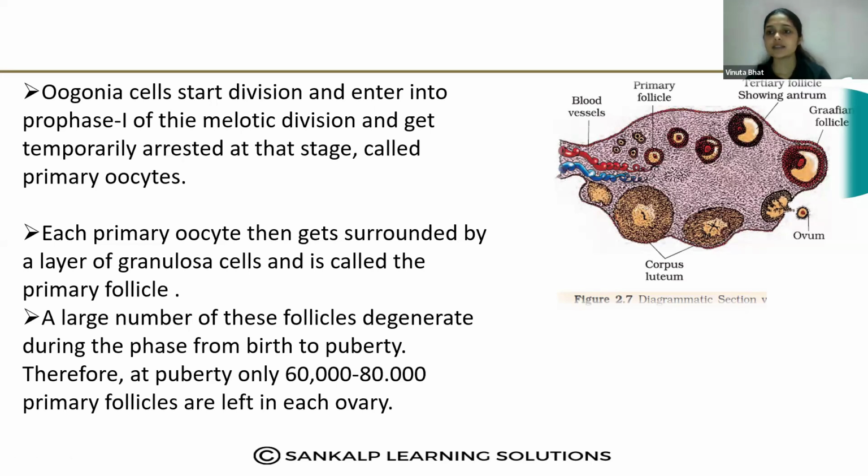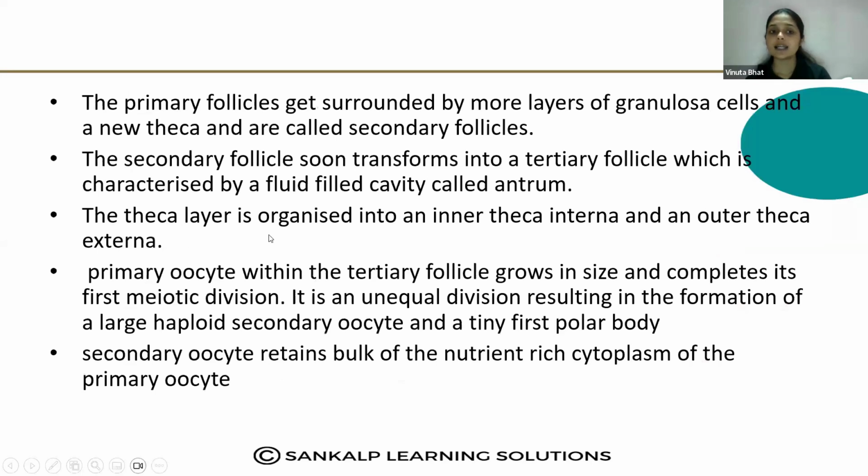You can see the characteristic cavity formation inside the tertiary follicle, that cavity is called the antrum. So that is called the tertiary follicle. The theca layer is organized into the inner theca interna and outer theca externa.